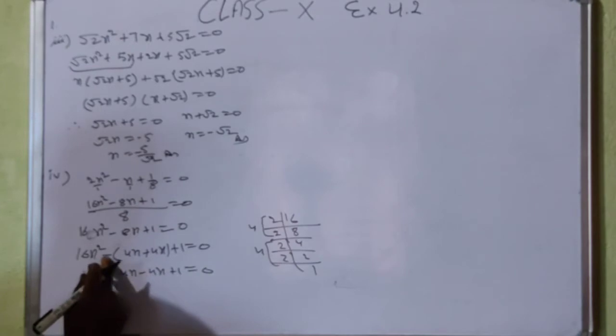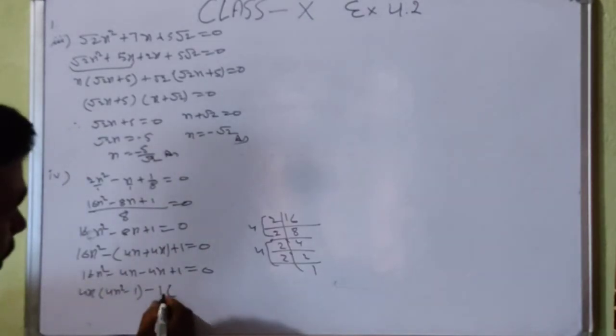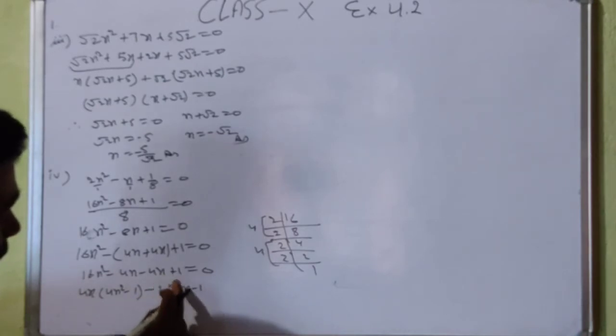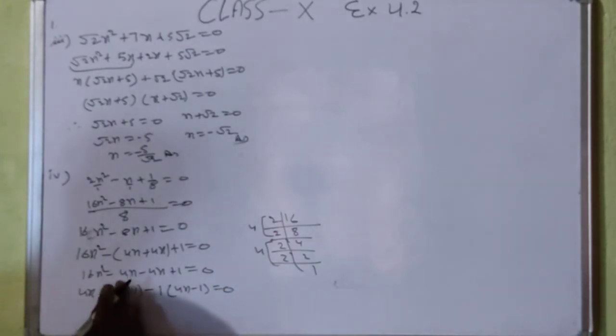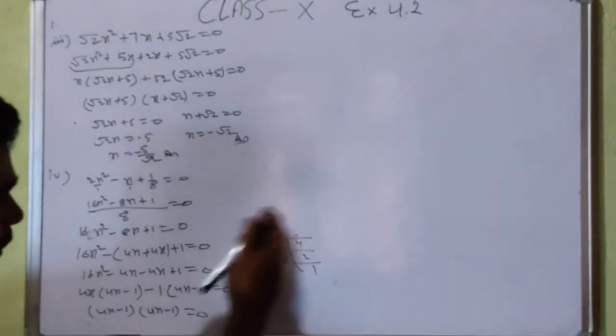So 4x is common, so that will become 4x minus 1. Here is not common, so if there is no common then 1 will be common, 4x minus 1. This minus has converted the sign here, and then 4x minus 1 again is common, and the outside of the bracket goes inside the bracket.